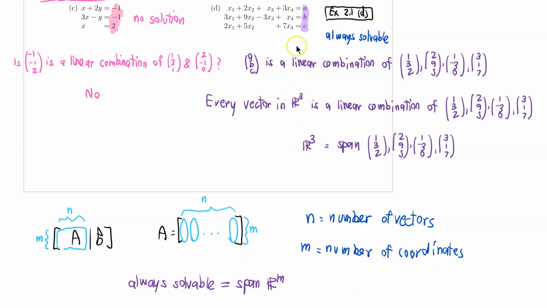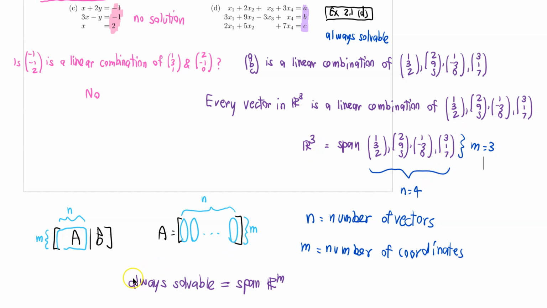In my earlier example, m is 3, so each of these little guys has 3 coordinates. Let me say n is 4 and m is 3. So all these 4 vectors together would span R^3. 3 is m, the number of coordinates.